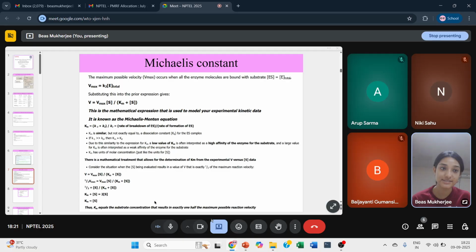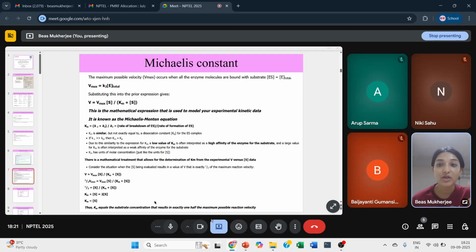So now you realize, right? If it is a low value, that means more of ES is getting formed and less of ES is breaking down. And a large value of Km is interpreted as weak affinity of the enzyme for the substrate, right? Now, Km has units of molar concentration that we have already talked about.